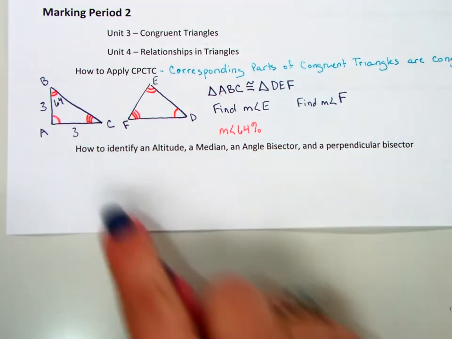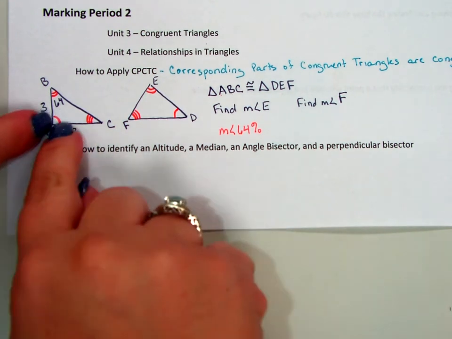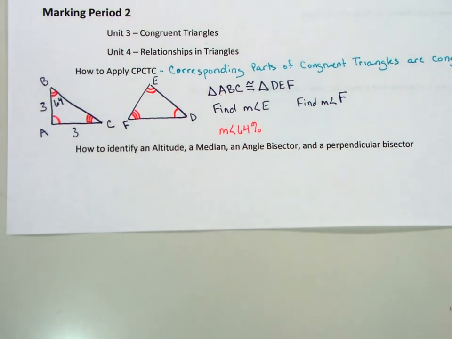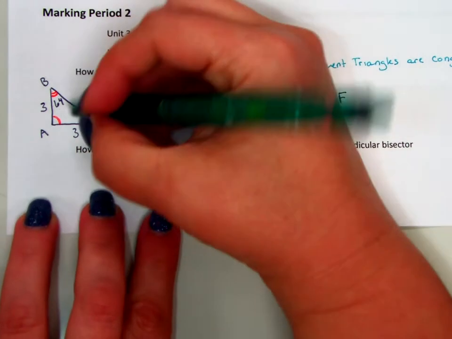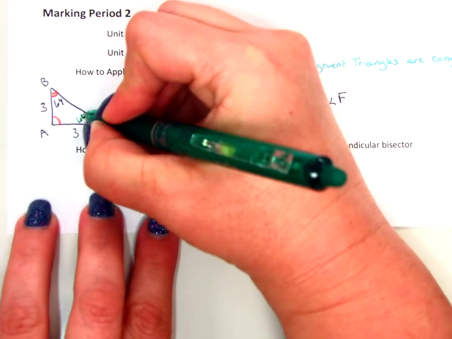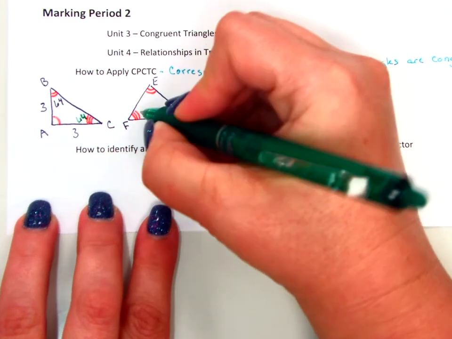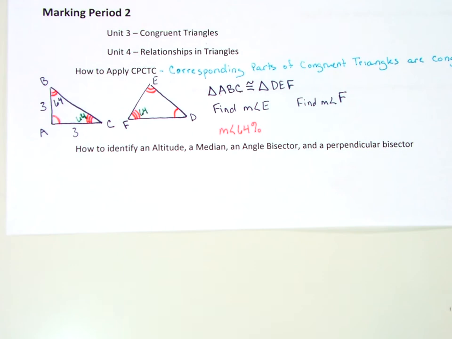So if I have two sides that are the same, what do I know about angles? The two angles at the bottom of those sides are the same, right? So if I start up here where the two congruent sides meet and I go out to the bottom, I know both of those are 64, right? So this is 64. C matches with F, so F is 64.